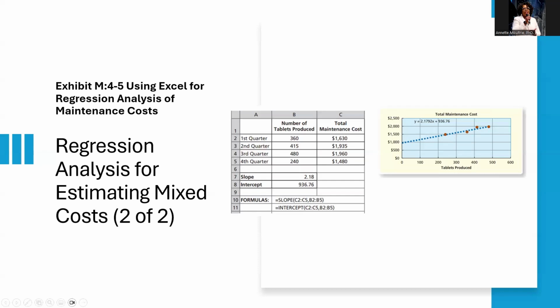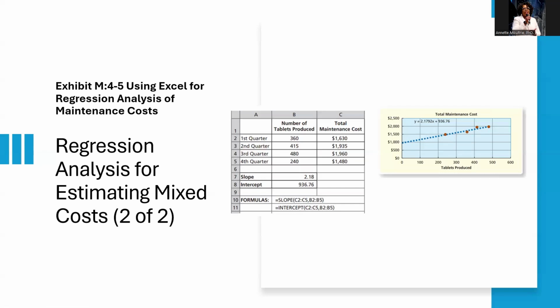So step 2, you use the slope function to determine the variable cost per unit. In cell B7, you would enter the formula. And the formula is what you see here below.